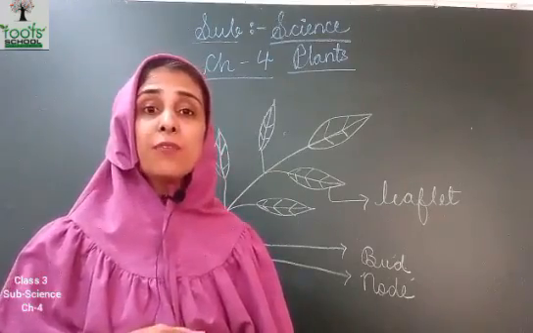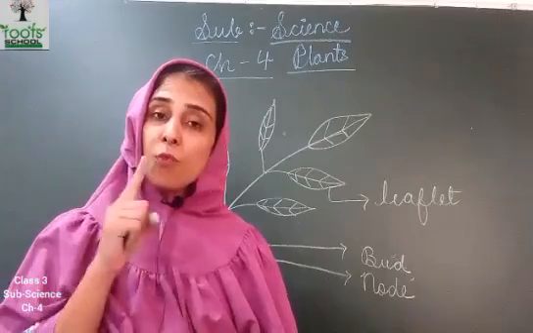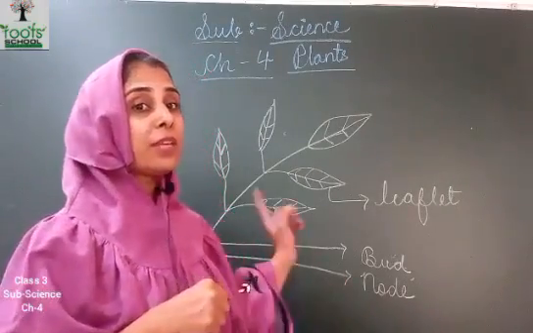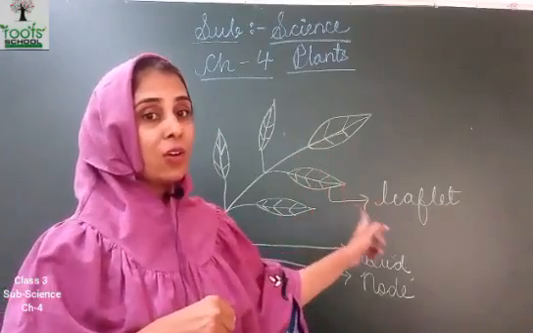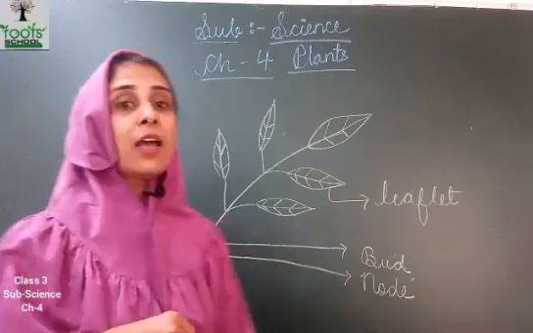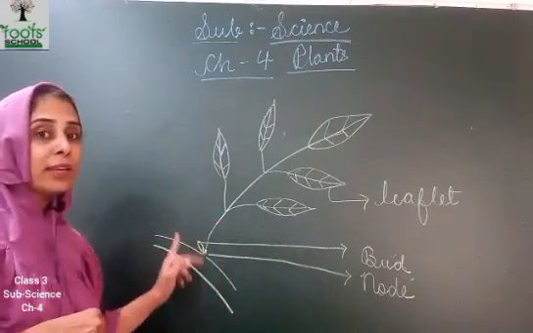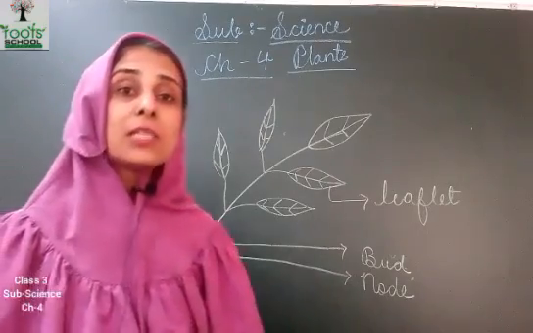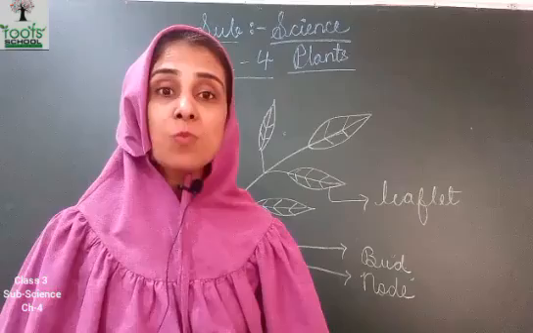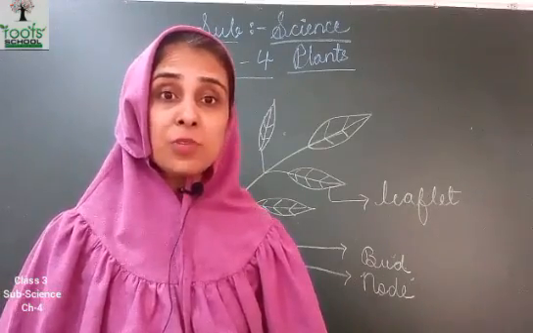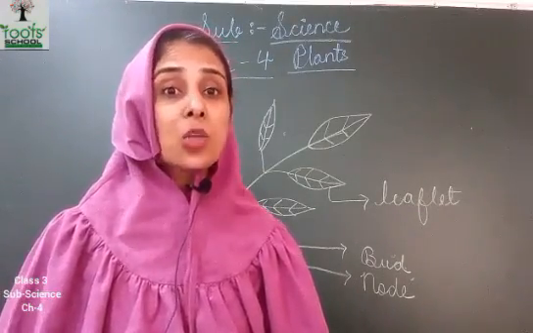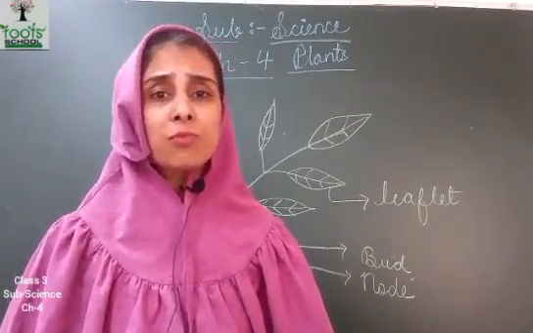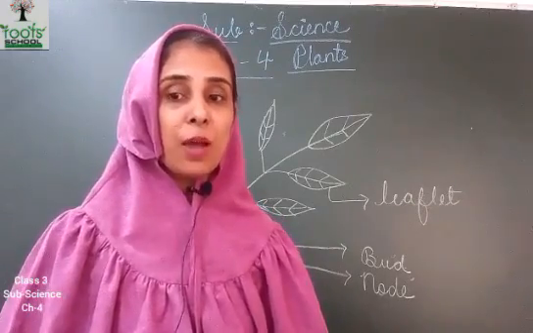Now what is a simple leaf? A simple leaf consists of only one leaf on one stalk. In a compound leaf, there are many leaves called leaflets. The point where the stalk is attached to the stem is called the node. The small part which comes out is called a bud, which can develop into a fruit or flower.